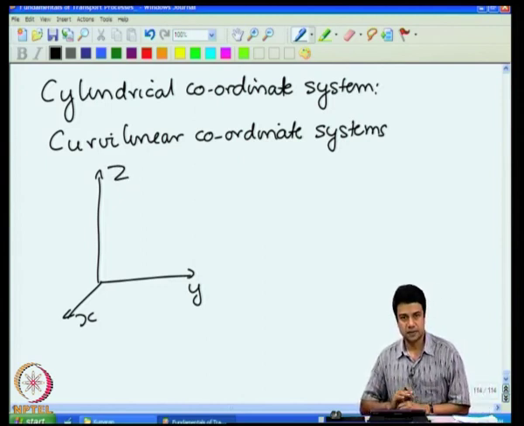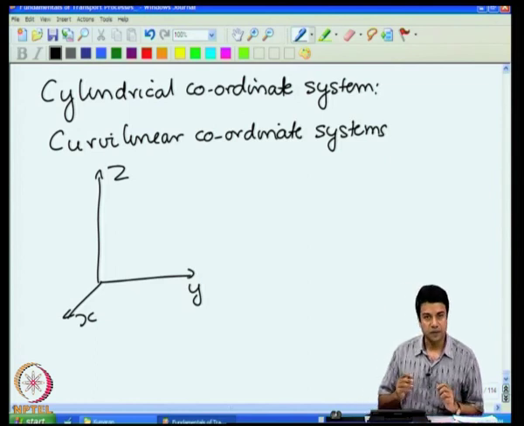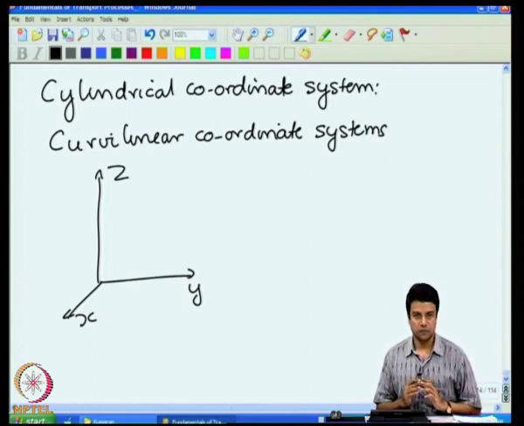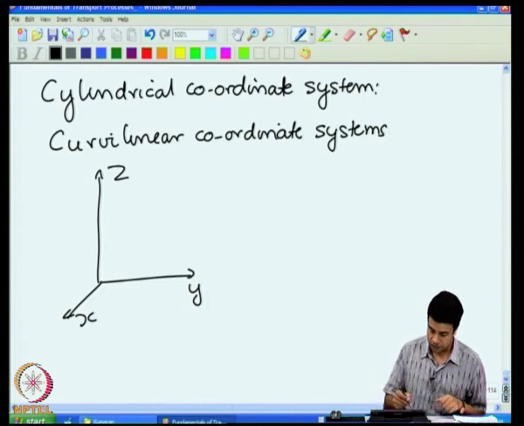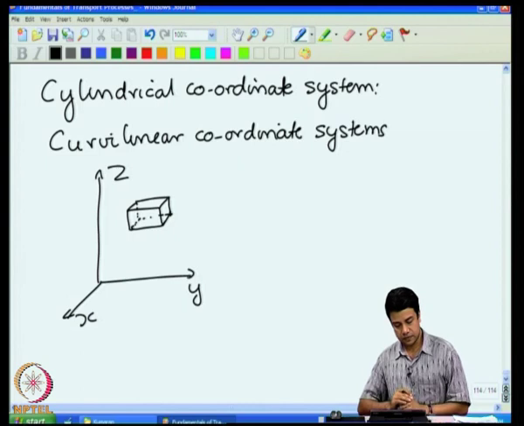Therefore, the planes of constant x, y and z are flat. If I construct a differential volume in a Cartesian coordinate system, then all the surfaces of that volume are planes.